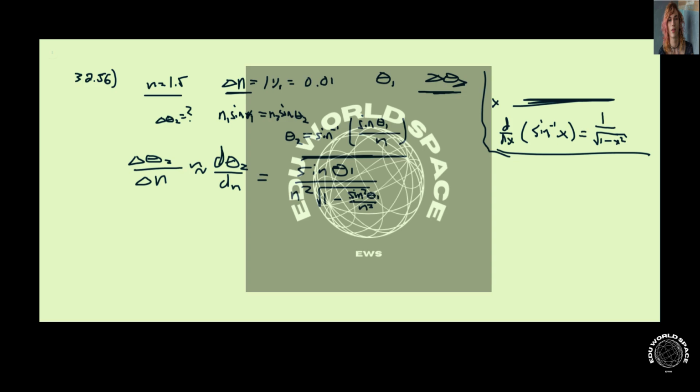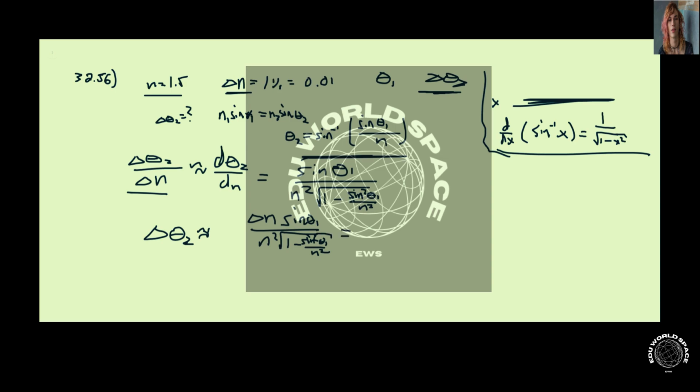Cool. So if our delta theta 2 over delta n can be approximated like this, we can now solve for delta theta 2. And this is approximately delta n sine theta 1 over n squared, times 1 over the square root of 1 minus sine squared theta 1 over n squared.